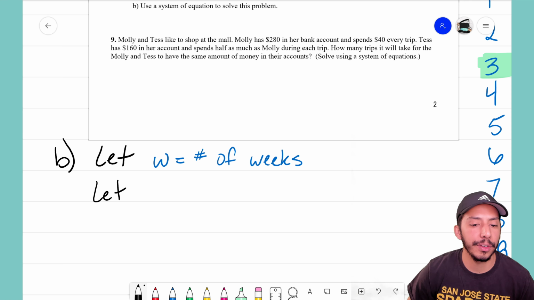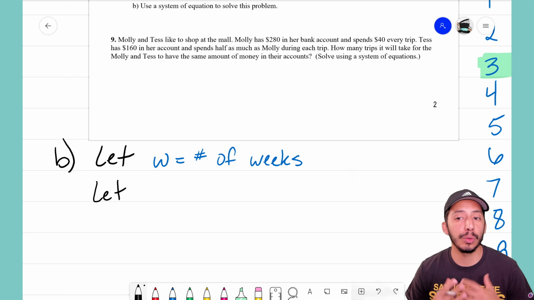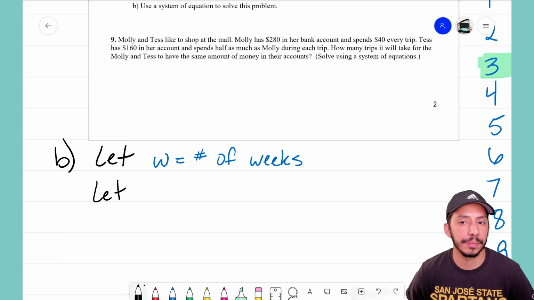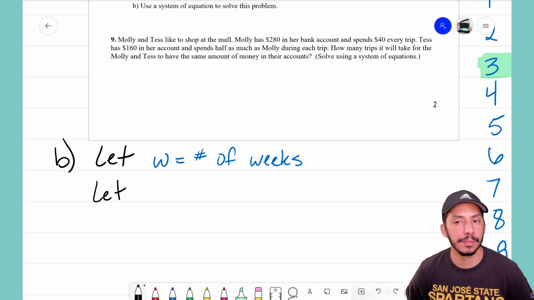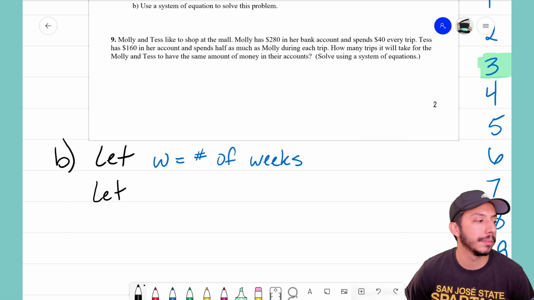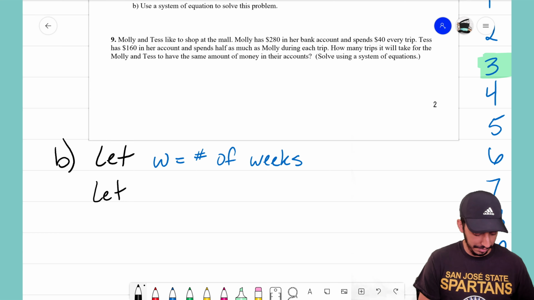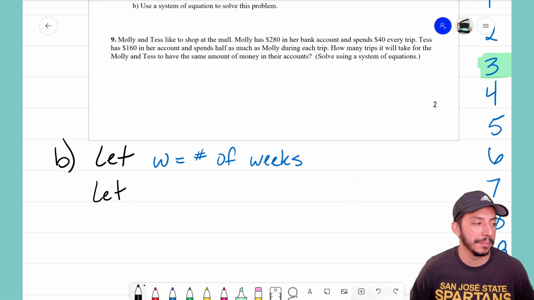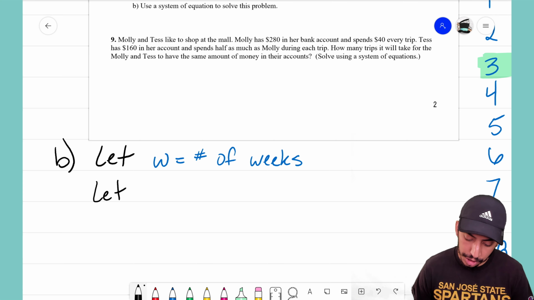What do you think the other variable should be? What do we need to represent in this problem? What do we think? Any guesses on what should be in this?